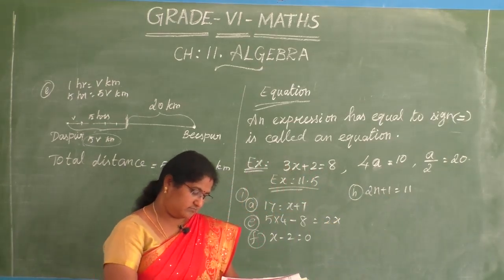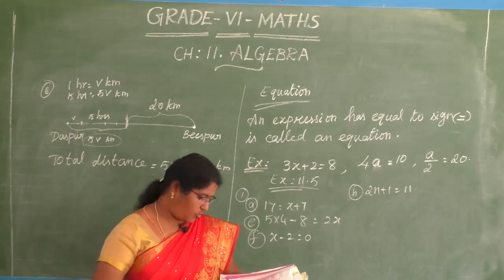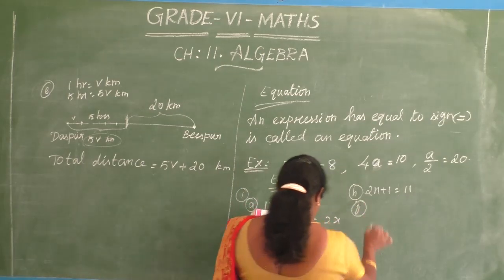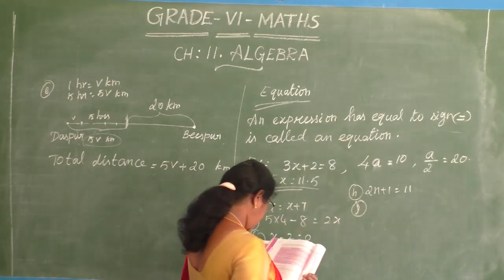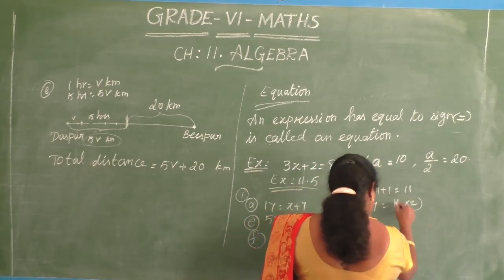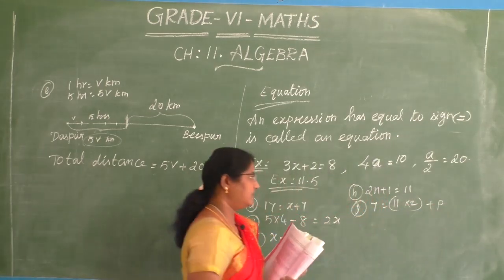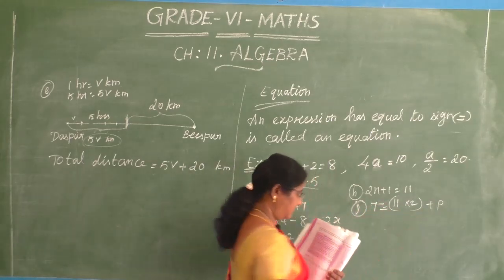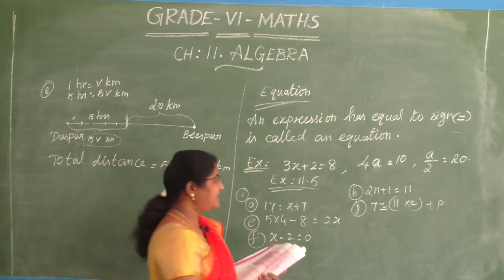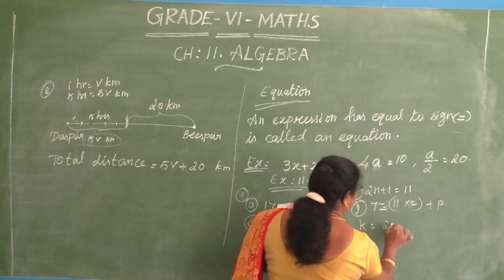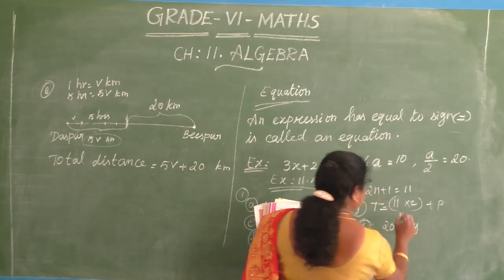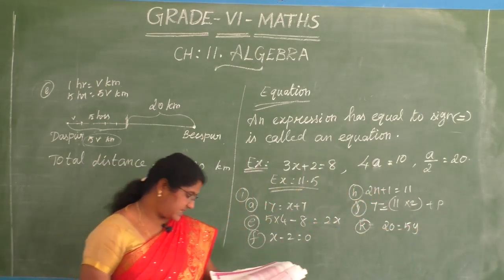I question, no variable, no. Next, J. J has an equal to sign and also a variable. 7 equal to 11 into 2 plus P. Equal to sign is there, P variable is there. Next, K question, 20 equal to 5y, variable y and equal to sign also.